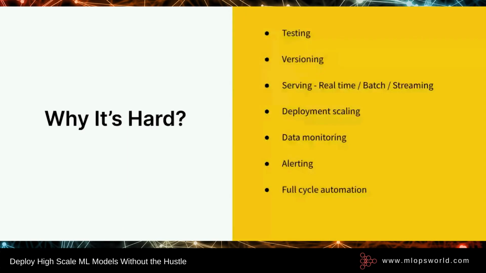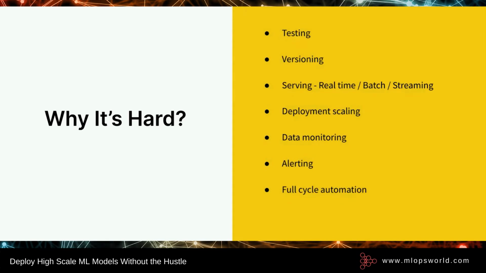How do you test that your new version won't break production? How do you manage different versions at scale? Today you maybe have one model, but what if you have a team with 10 data scientists or more that want to create different models, manage them, and share them between them?